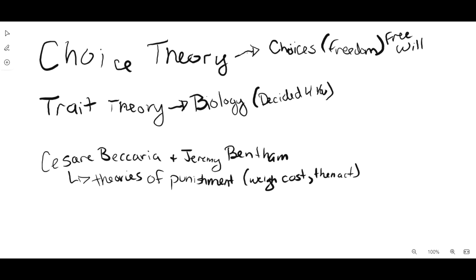What we find in general, regardless of choice theory or trait theory, is that there are several factors that play into decisions to be a delinquent or commit a delinquent act. So there is logic to it, unfortunately.